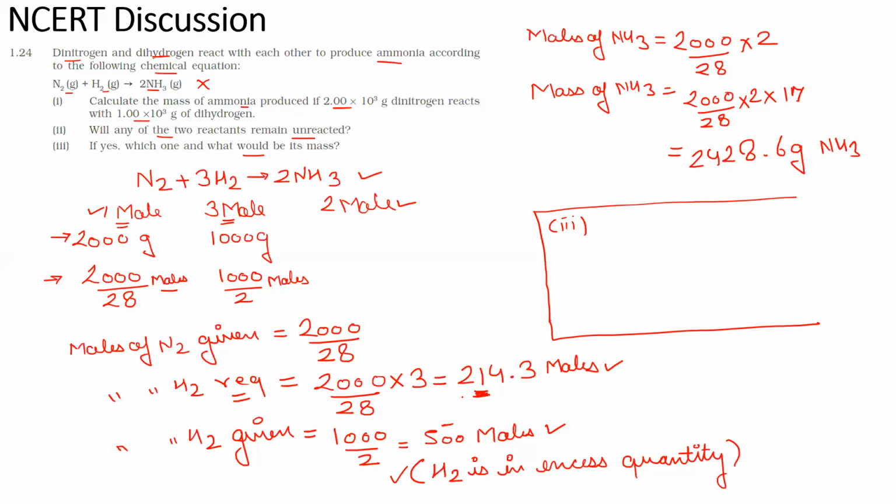So the moles of H2 remaining will be equal to 500 minus 214.3.